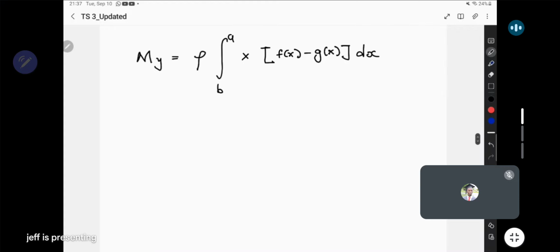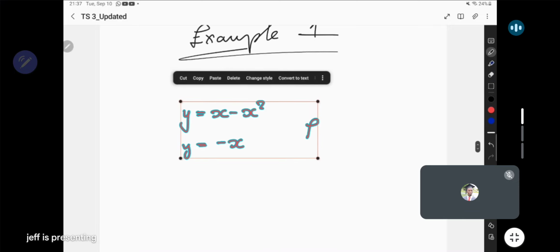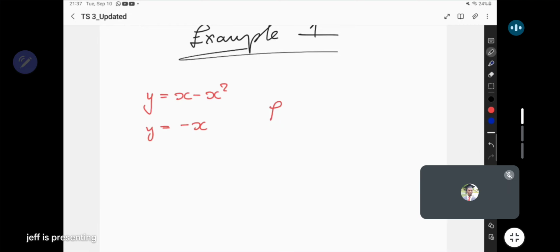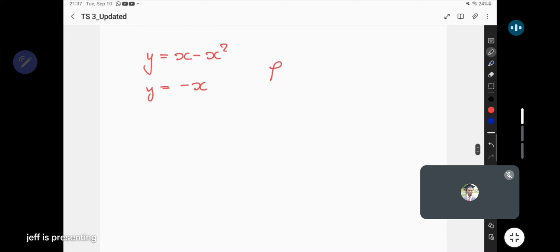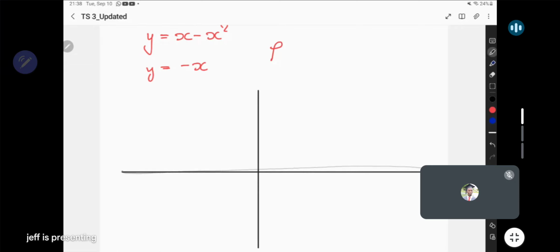Okay, so how do you work out that problem? For that one, the first thing perhaps you might want to do is picture the problem. I always feel like having an idea of how the problem looks kind of helps you work it out. So I'll try to create a rough sketch of my problem. So what is happening here? I have this one here, which is y is equal to negative x.